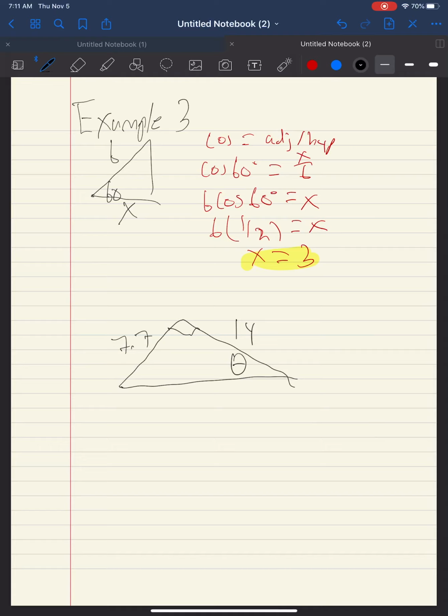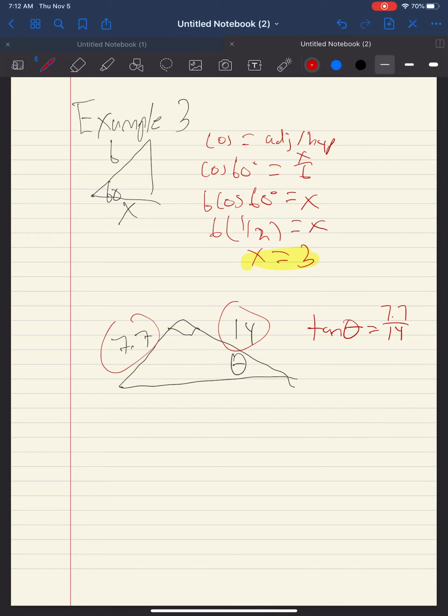What we could do is use tangent because we have opposite over adjacent. So we can use tan theta equals 7.7 over 14.